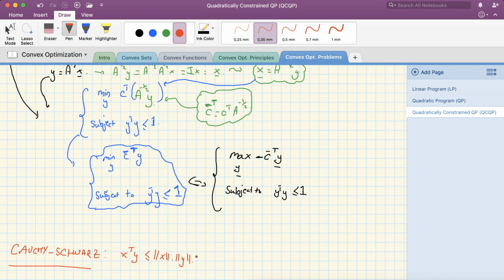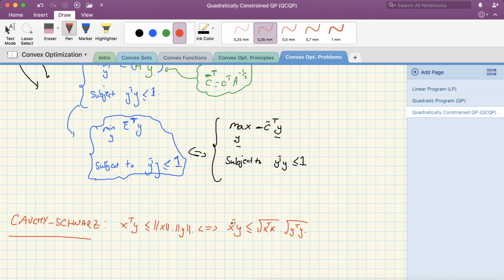We'll see that later on. So what is the norm in our case? Let's work with the L2 norm. x transpose times y is always bounded by the square root of x transpose x times the square root of y transpose y, right?